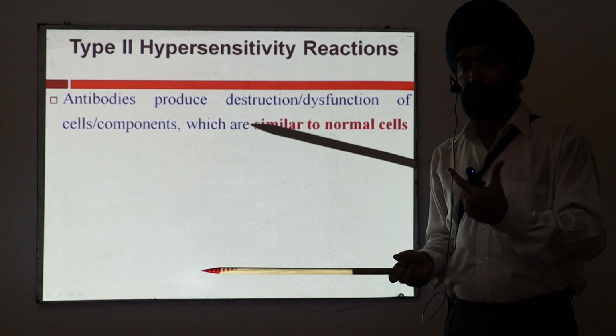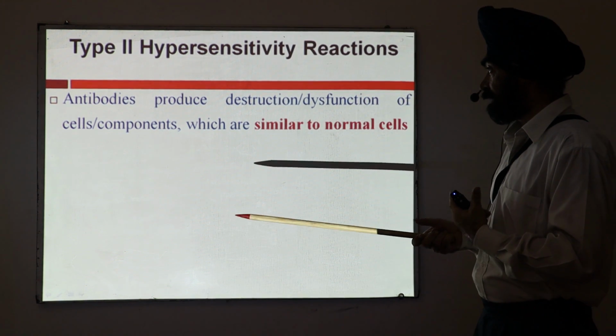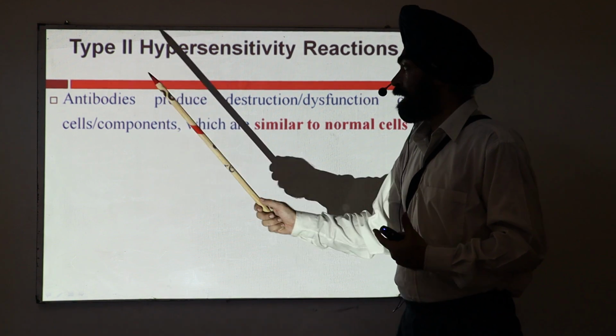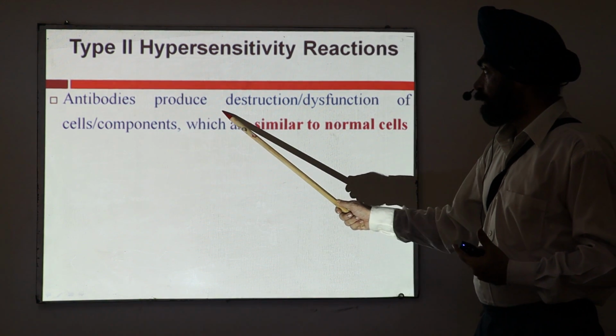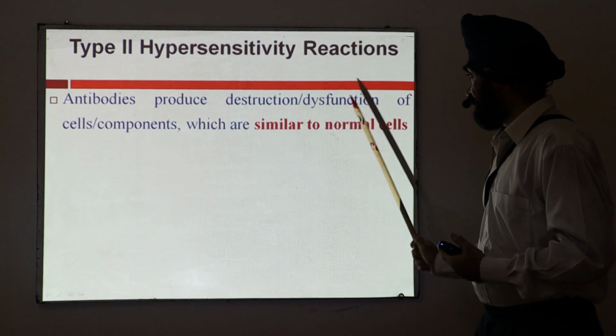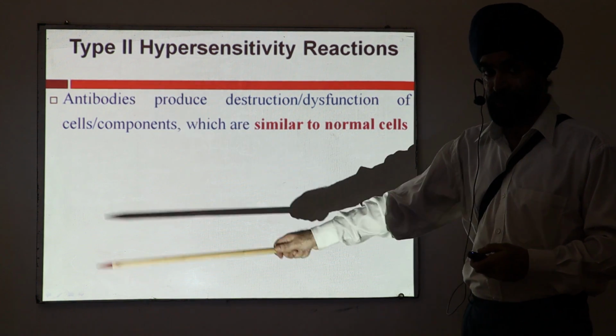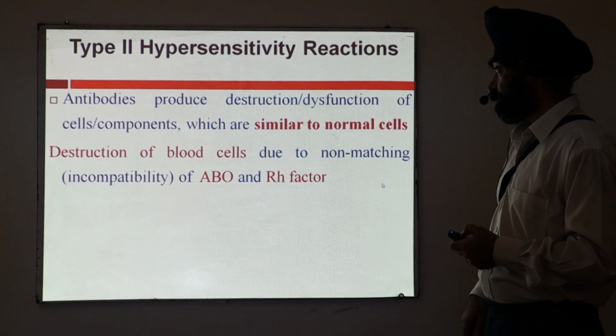That means something is not very different from the normal cells. So what I am saying is, antibodies produce destruction of the cell or components which are very similar to the normal cell. You will come to know the definition of this when I explain the examples.